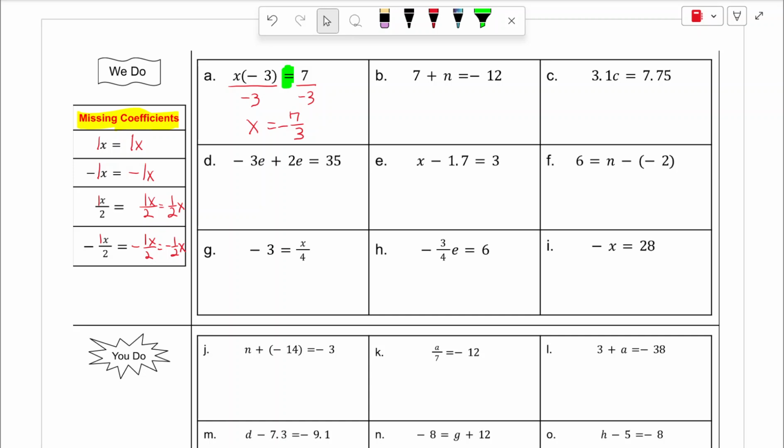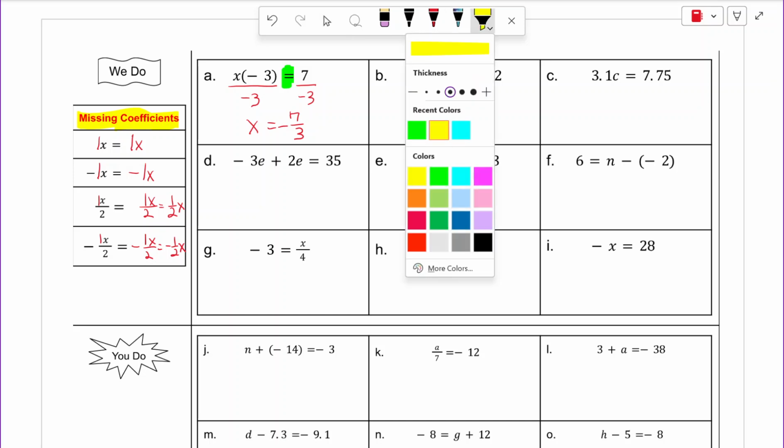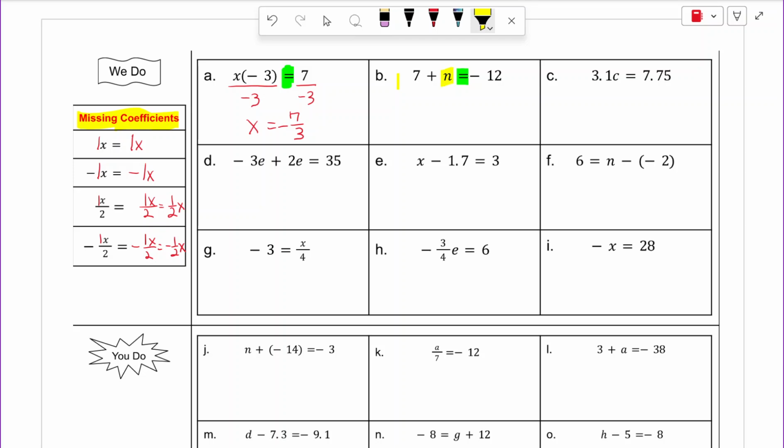All right, let's look at B now. B, we have an equal sign, there it is, and we have our variable right here. And what's happening to the variable on the variable side? Well, we are adding 7 to it. What's the inverse of adding 7? Well, you might say you could add a negative 7 to both sides. Or there's another way.